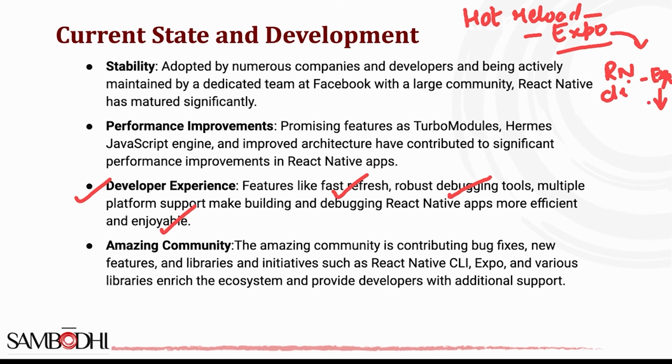Expo provides us the whole cloud where we can just write the JavaScript code and no need to worry about the iOS project or the Android project, which we worry about when developing with React Native CLI. But of course, React Native CLI gives us much more flexibility for writing the native modules.